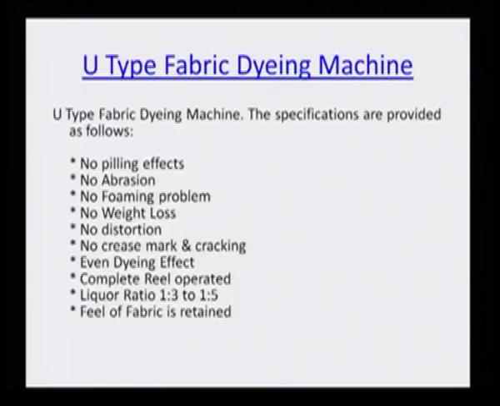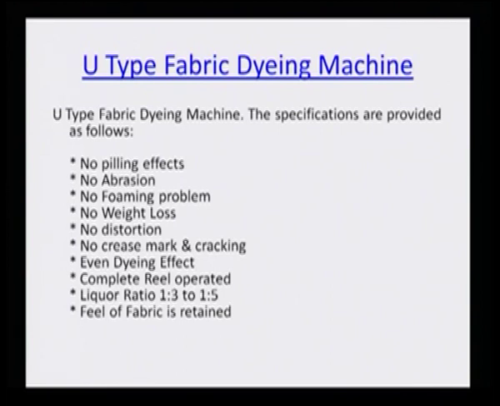Now, let us go on to the next type, that is the U type of fabric dyeing machine. The specifications are: no piling effects, no abrasion, no foaming problem, no weight loss, no distortion, no crease mark or cracking, and an even dyeing effect.